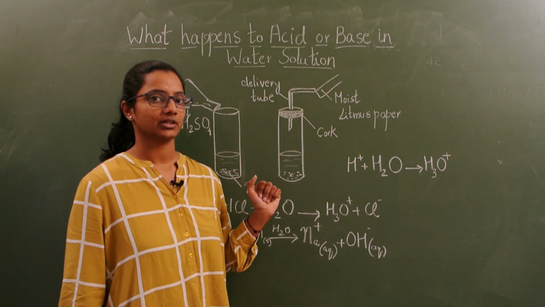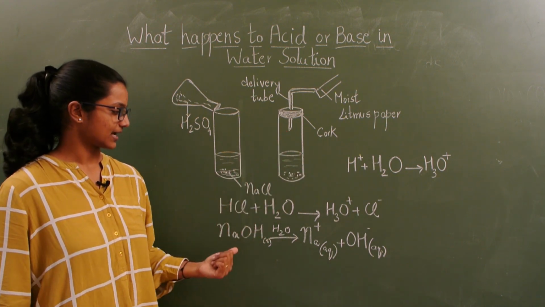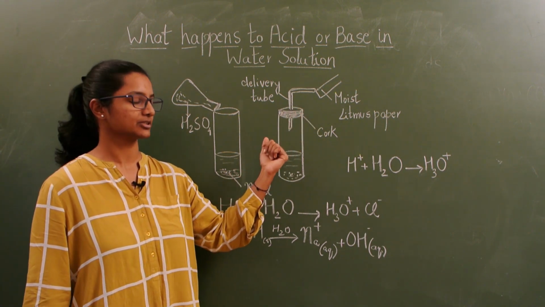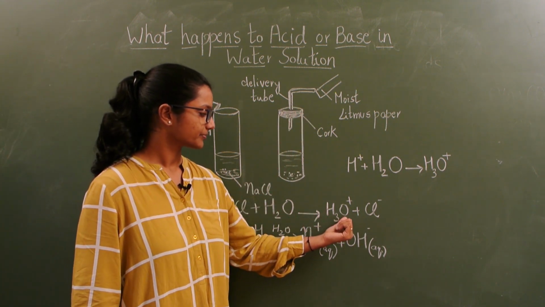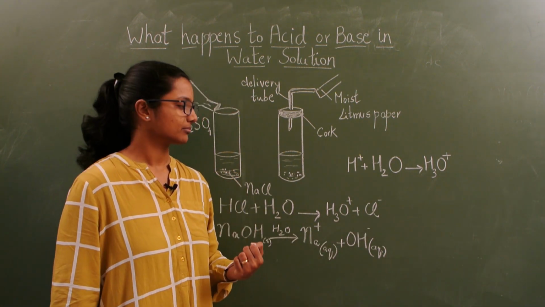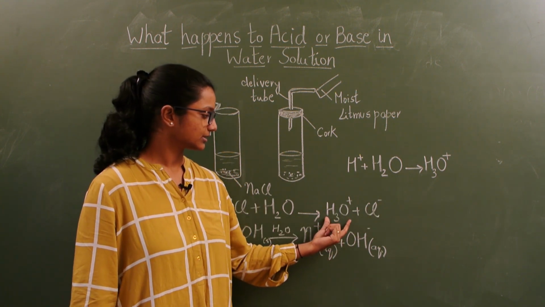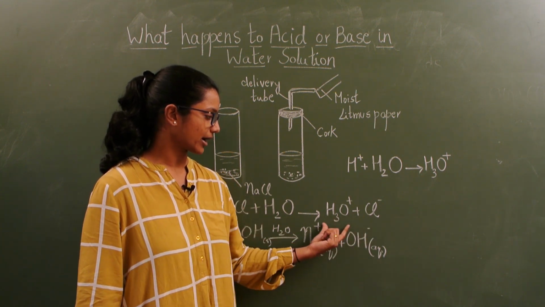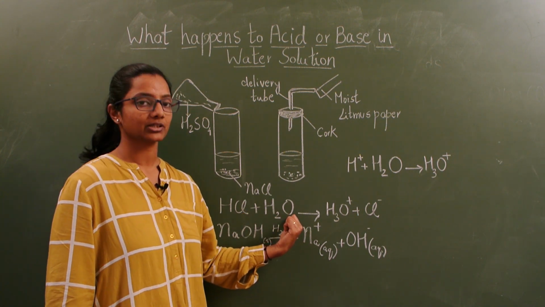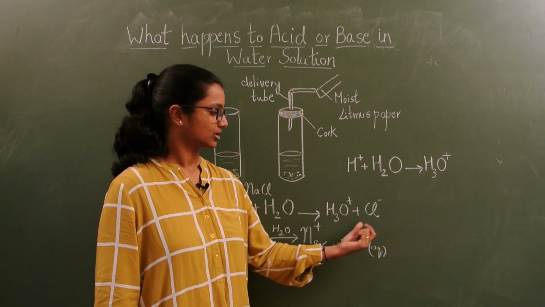So this proves that hydrochloric gas, when it is in contact with water, that is the moist litmus paper, gives hydronium ion and Cl-, H3O+ and Cl-. Both of these are ions that are formed when HCl comes in contact with water. So this is the cation and this is the anion.